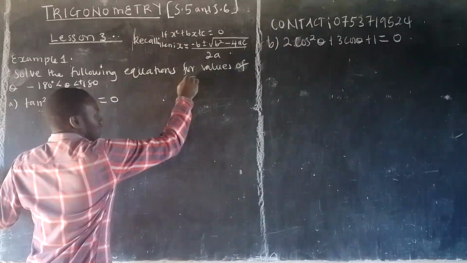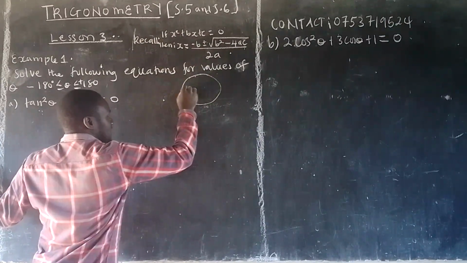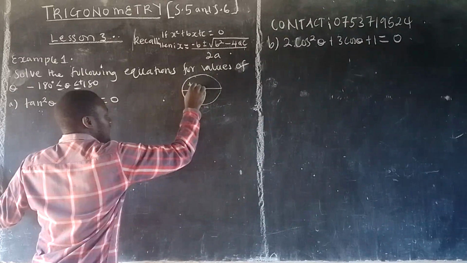If we have this, the upper side is for positive 180. Why?